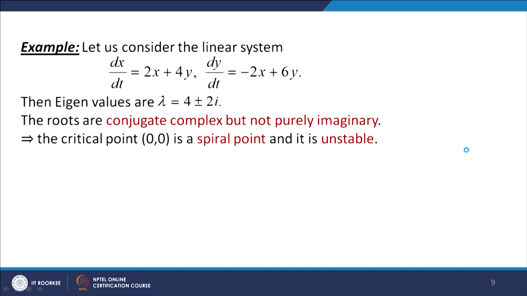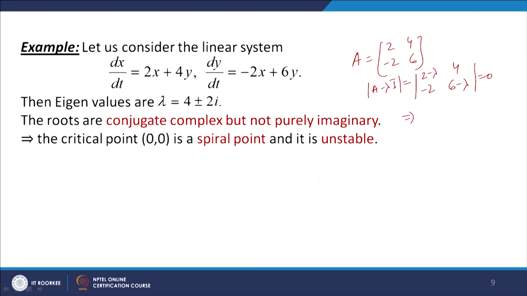Now consider the linear system, as an example: dx/dt = 2x + 4y, dy/dt = -2x + 6y. So here A is the matrix [2 4; -2 6], and the characteristic equation is the determinant of A minus lambda I, that is |2 - lambda, 4; -2, 6 - lambda| = 0.